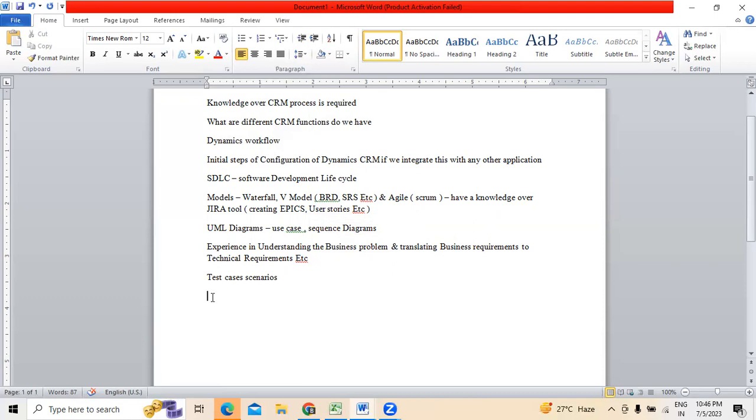Followed by this, if you have additional knowledge to understand the DevOps environment, it will be an added advantage. DevOps environment is an added advantage nowadays for a BA. Why? Because earlier there were two different teams: one is the development team and second is the operations team.